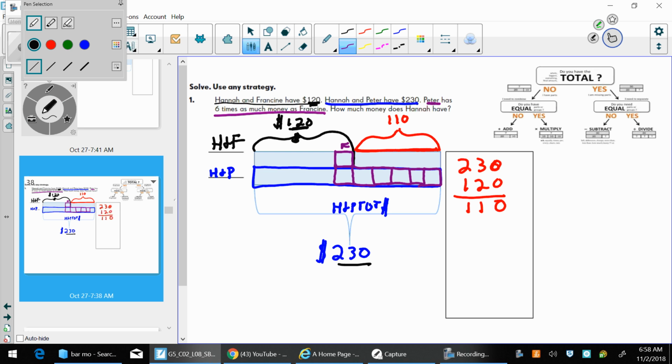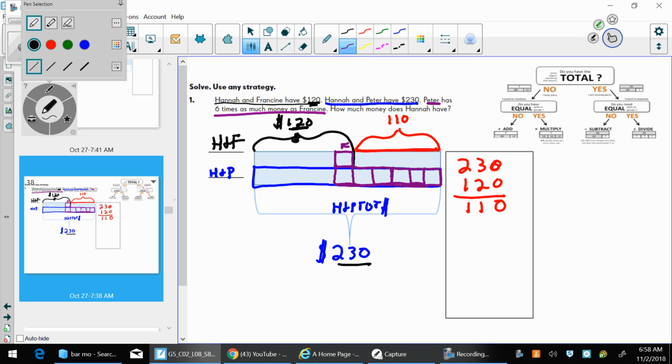Now they should be equal sizes. Now, not perfect there. It doesn't have to be perfect with the visual, but it should be close because they should represent 6 times the amount of Francine. Okay. Now, what do I do from there? I have many problems to get done before I can solve the actual question that you're asking.